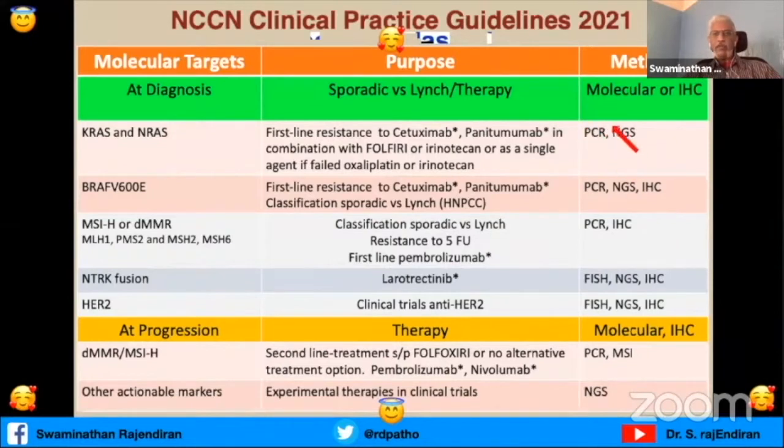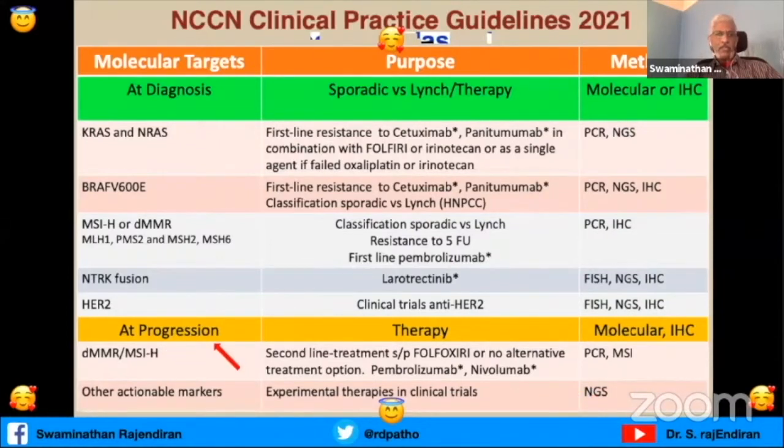For KRAS, you have to do PCR or NGS. For BRAF and microsatellite, you can do IHC. NTRK and HER2 also, you can do either IHC or NGS or FISH. You see NGS in all of them. So nowadays, I'm going directly for NGS. By doing that, we will get more and more markers, which are other actionable markers.